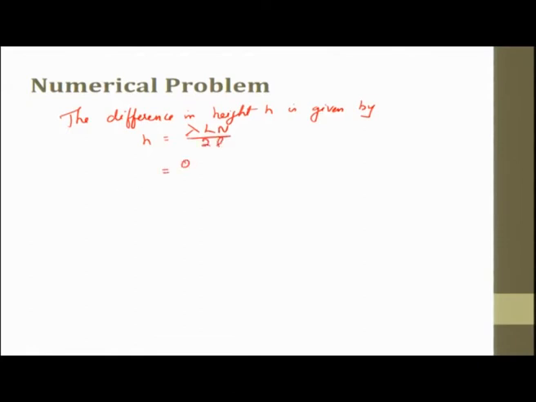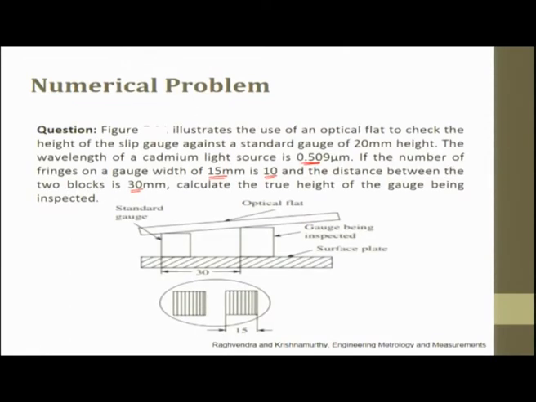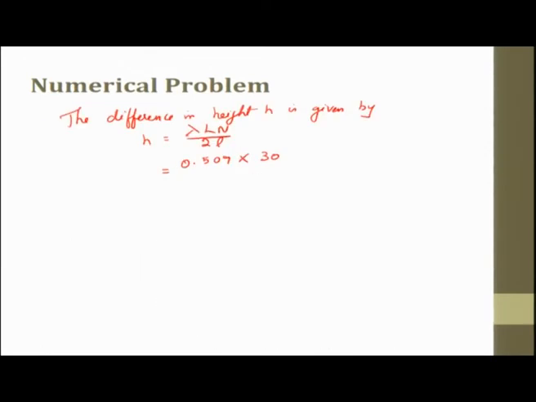So, lambda is 0.509, and what is L? L is the distance between the two blocks, which is 30, into n, which is said to be 10 millimeter, and then divided by 2 times 15. What is 15?